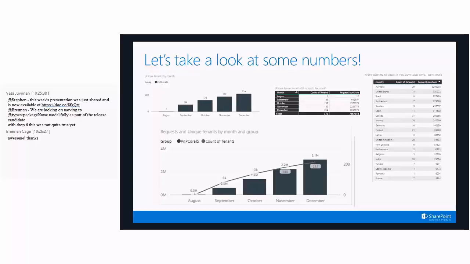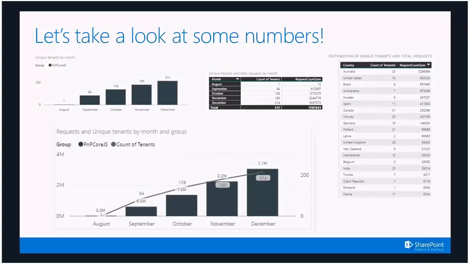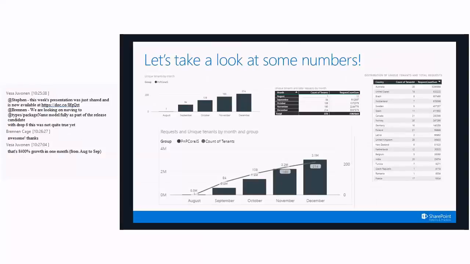Then we jumped up to 84, 138, and we ended up in December, and we still have a week in December, with 214 tenants now using in some capacity the JavaScript core library, which I think is really exciting to see. Yes, that's incredible growth from August to September. It's something I'm really proud of, that jump from not tracking anything to tracking, we really saw a huge volume increase.